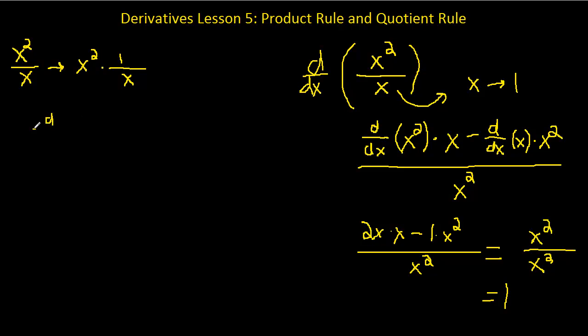So we need to take the derivative of the first term times the second term plus the derivative of the second term, d by dx of 1 over x, times the first term.